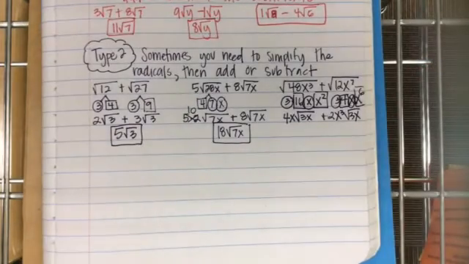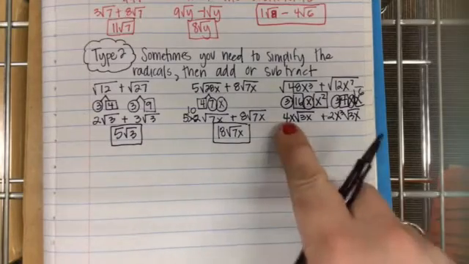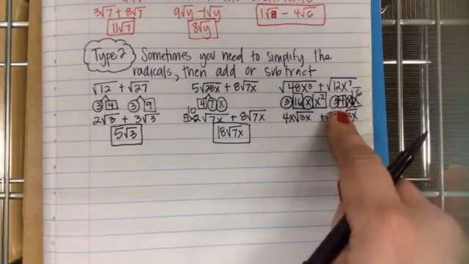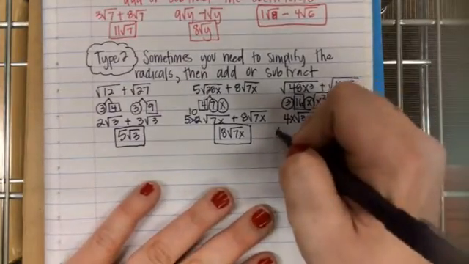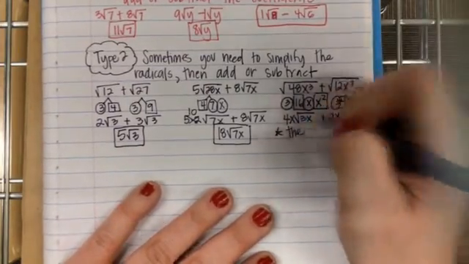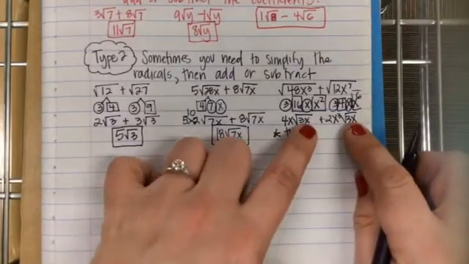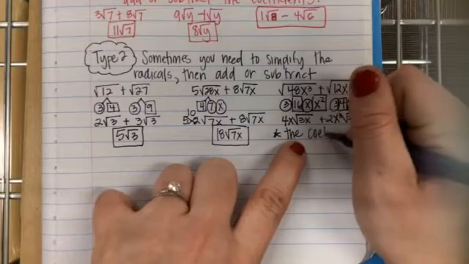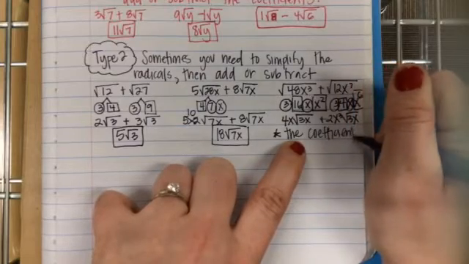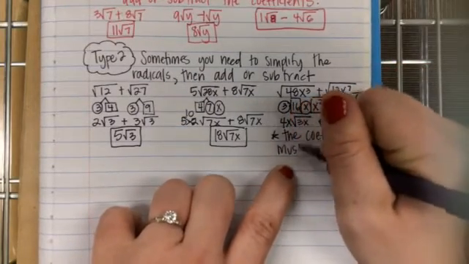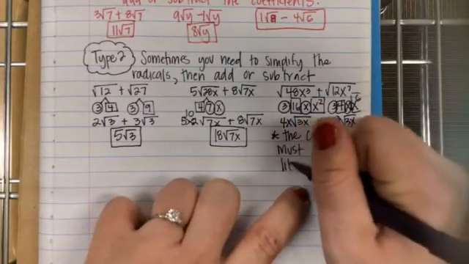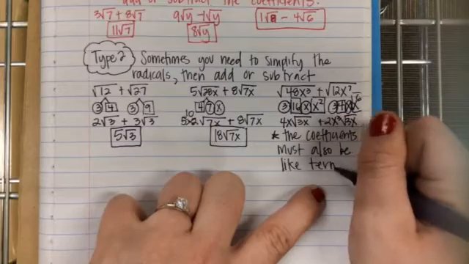Now there's my question, can you add these together? Can you do 4x plus 2x to the third? The answer is no. Because not only do the radicands have to be like terms, right? The coefficients must also be like terms.